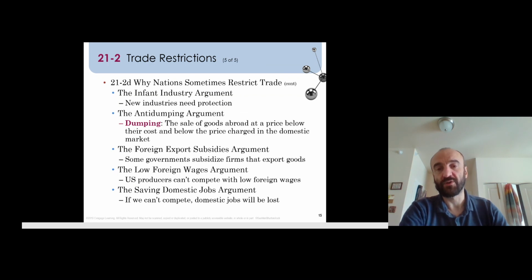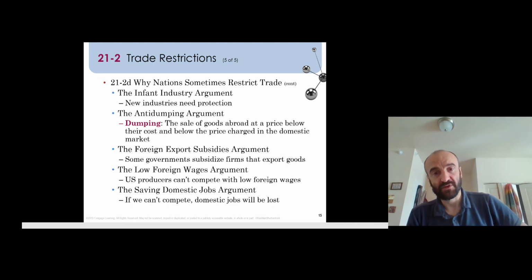Now, the low foreign wages argument. So that our producers can compete with foreigners who have low wages. This argument is false simply because wages are not the only factor that influences productivity. There are many other factors, and firms will determine whether they're going to produce something in a country based on a variety of different factors, only one of which is low wages.